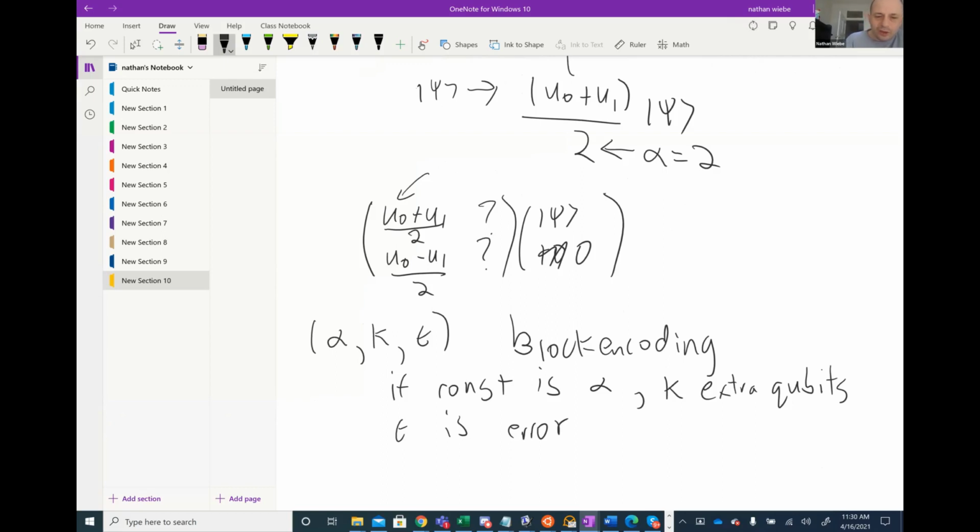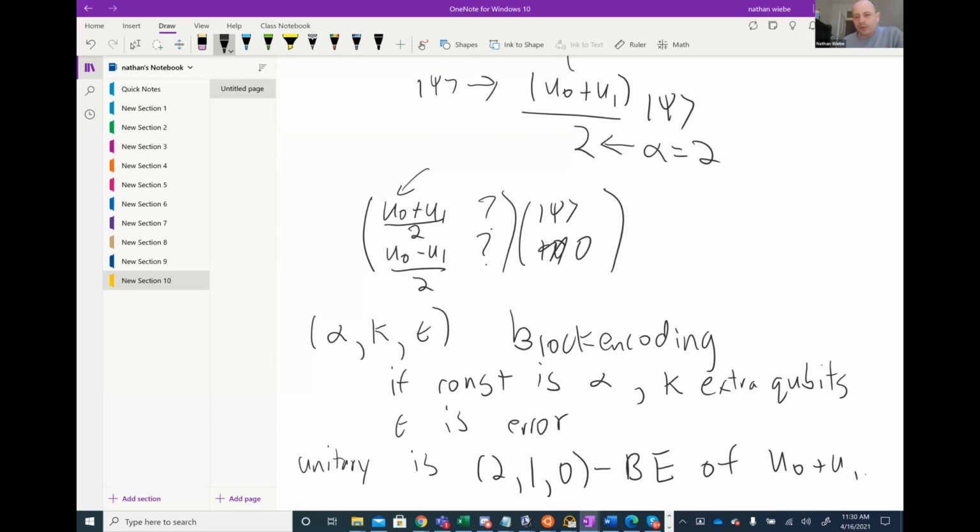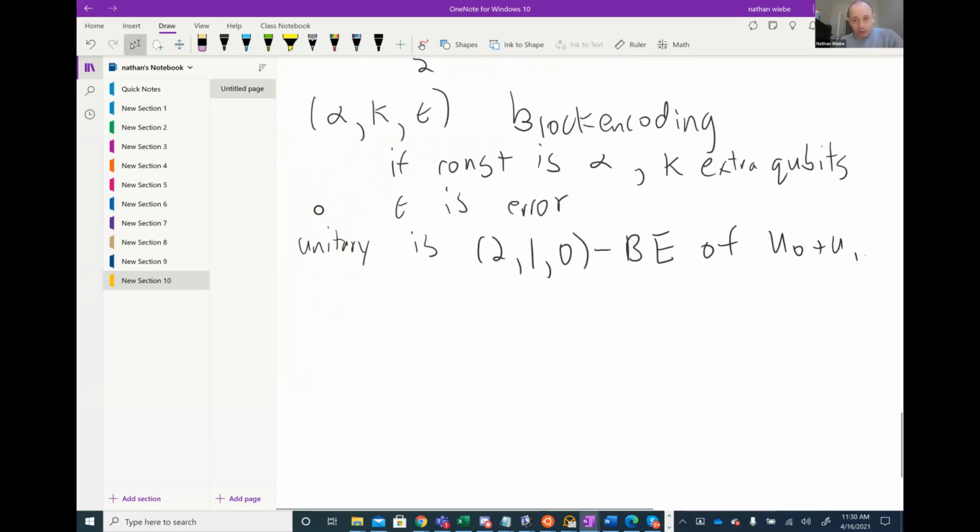So in this case, the unitary is a (2, 1, 0) block encoding of U0 plus U1. Okay, cool. And we'll see later examples of cases where there's approximation error that also comes in. But for this one, there's no technical approximation error that ends up arising.